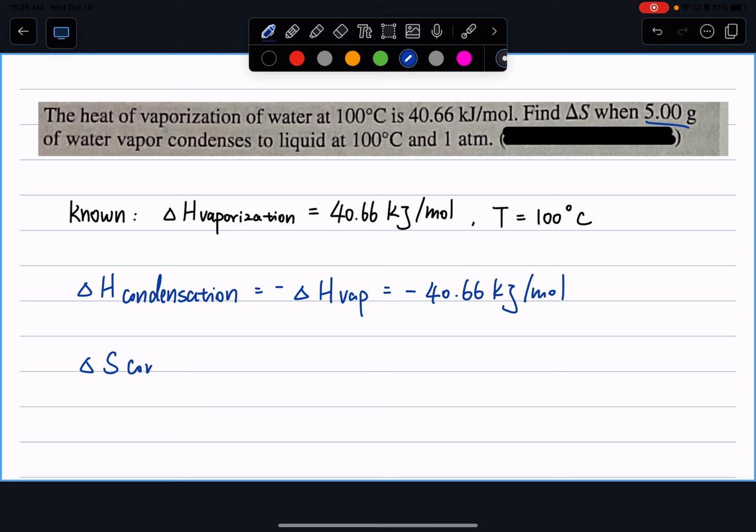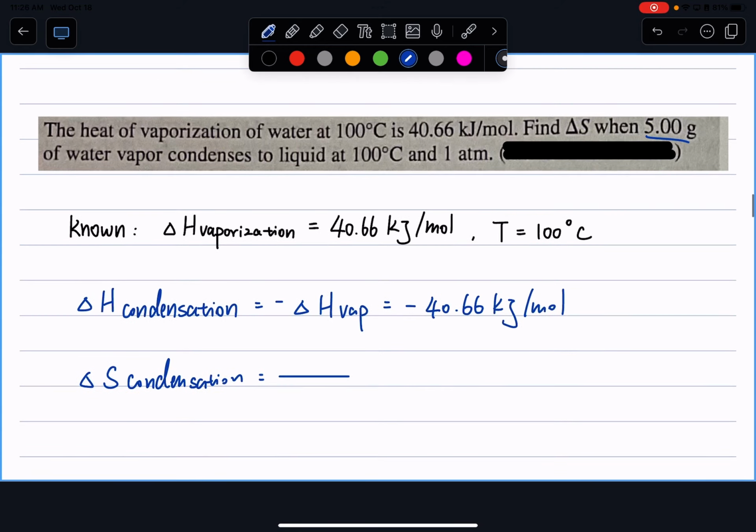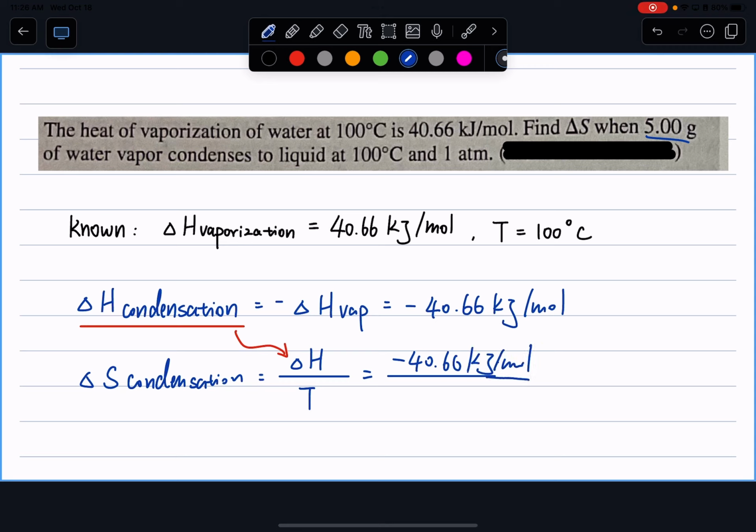So delta S condensation equals delta H over T. In this case, this is the delta H we'll be using, negative 40.66 kilojoules per mole, divided by the temperature, which is 100 plus 273.